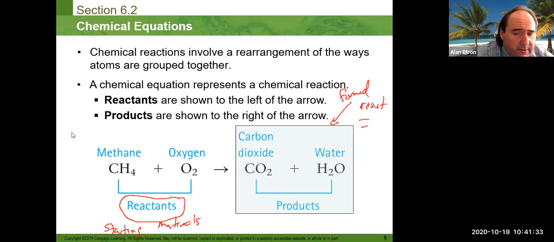Sometimes, though, in terms of the arrow, we do see a number of things written on top of the arrow. Sometimes you may see a little triangle, and that usually means heat. You may also see things like Pt or H+ and other metals written on top of the arrow. Those usually are what are referred to as catalysts.